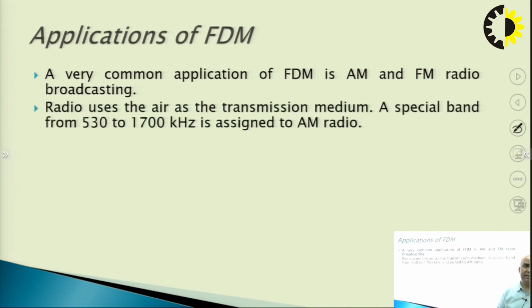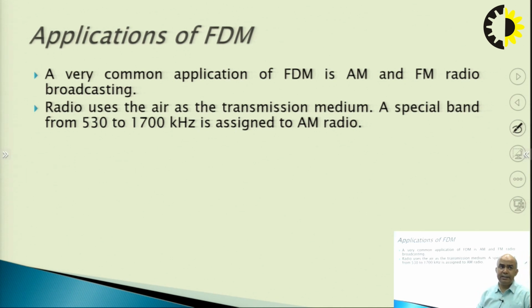Common applications are AM and FM radios. They use the frequency band from 530 to 1700 kilohertz for the radio, with air as the transmission medium to transmit the data.